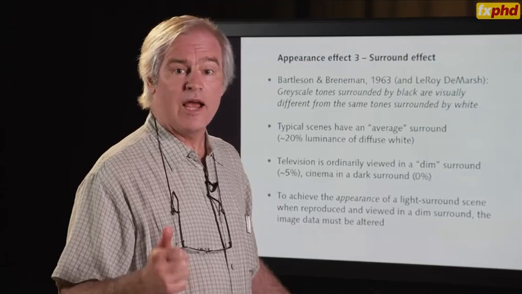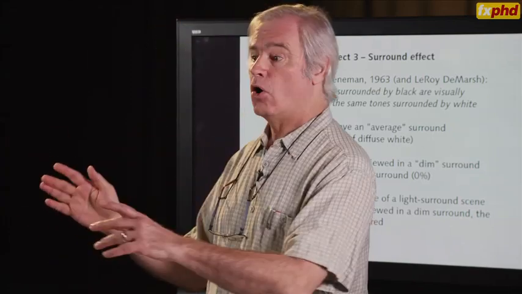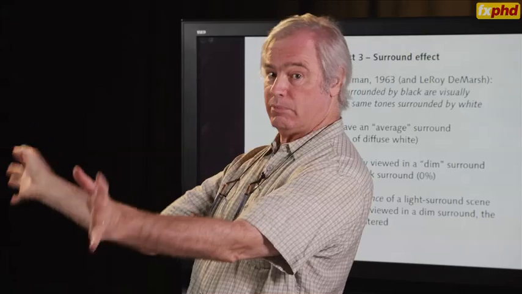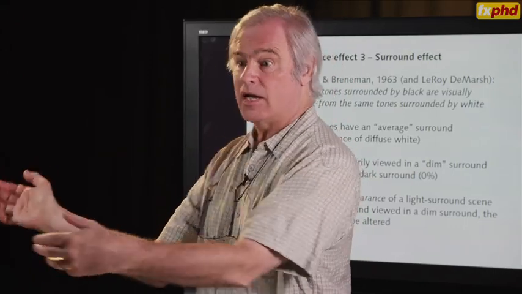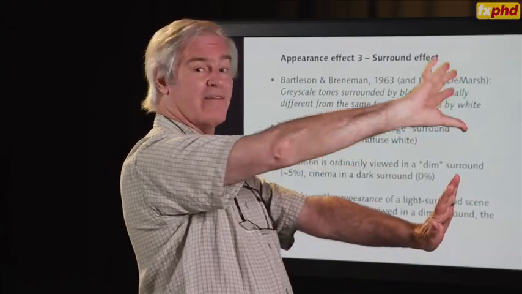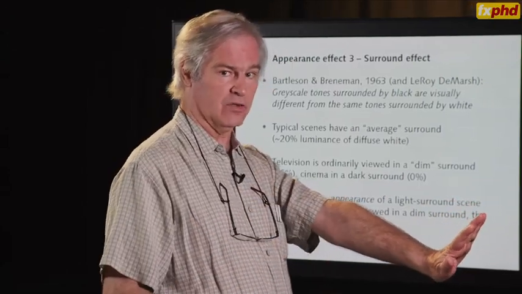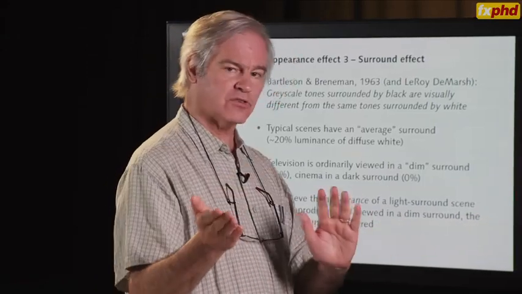Now, we often acquire imagery in an environment where the elements of interest are surrounded by something bright. In the cinema, invariably we present imagery where everything is surrounded by black, namely, we turn the lights out in the cinema. In video, it's somewhat in between.